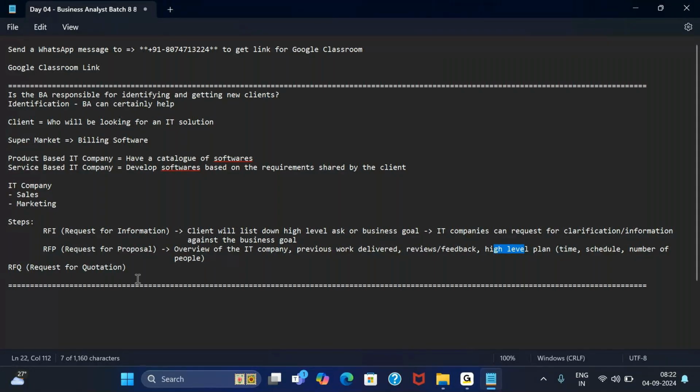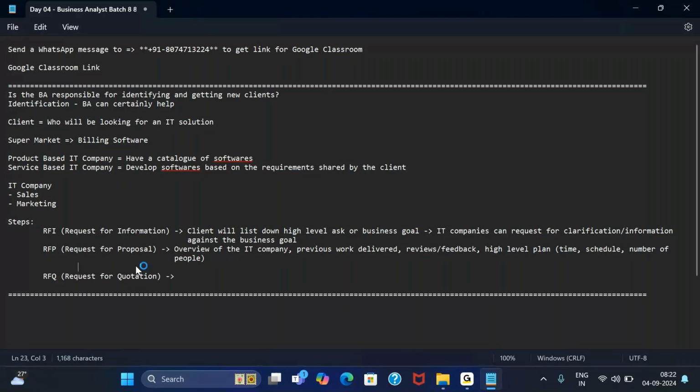Now, if the client likes the work, if the client really appreciates the IT company, what they will then ask is, let's say 5 IT companies filed RFP proposals. Amongst those proposals, the client may shortlist 2 IT companies, depending on the details provided.